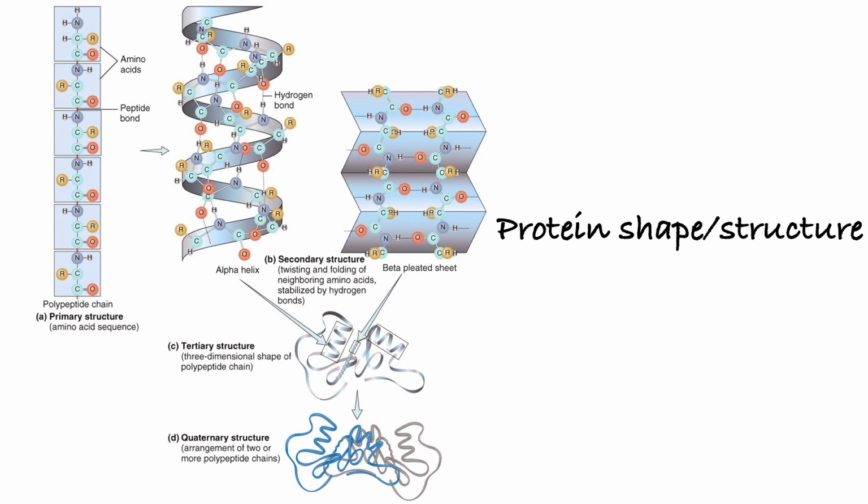All right, so it's either or. But when you get to the tertiary, it is a mixture of both alpha helix and beta pleated sheets. And then when you get to the quaternary structure, it gets a little bit more complex, and that's more of a 3D format where you have a combination of almost all the structures in one.